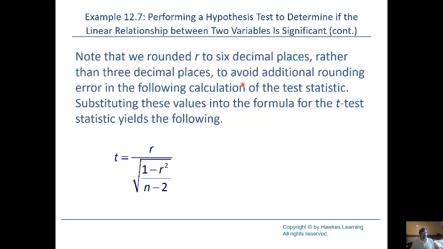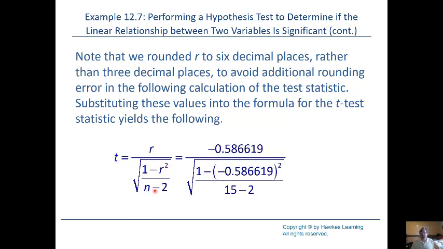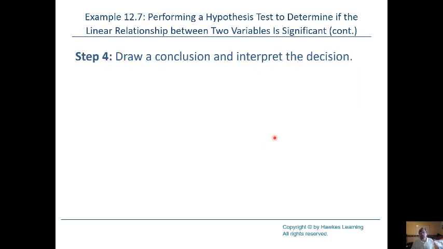So here's our t-statistic formula. We'll put that negative 0.586619 in here, and 15 pairs in here, like so, and we get negative 2.612. So we need to draw a conclusion and interpret the decision.